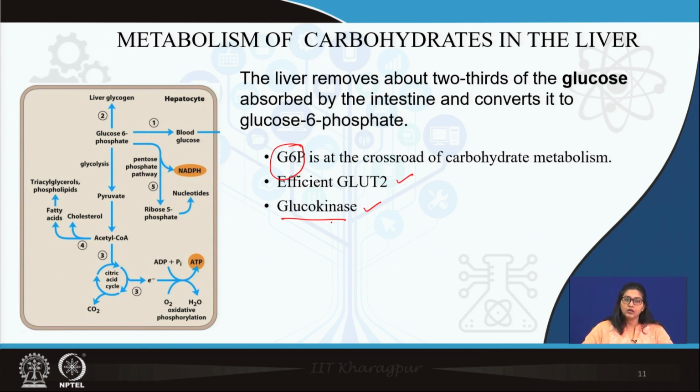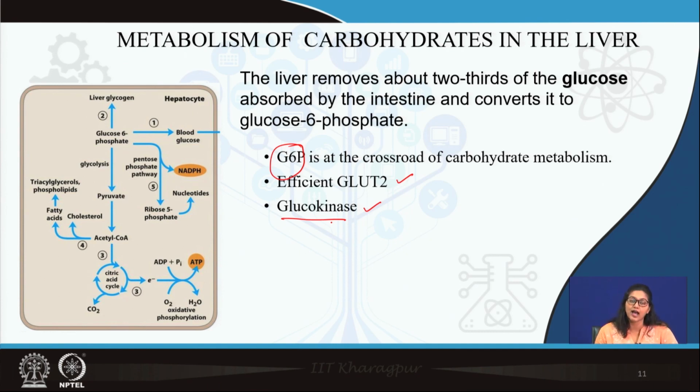Now, the product glucose 6-phosphate is channelized to different pathways based on the requirement, but the most important one is not producing ATP in liver, rather to provide glucose to all the other tissues.